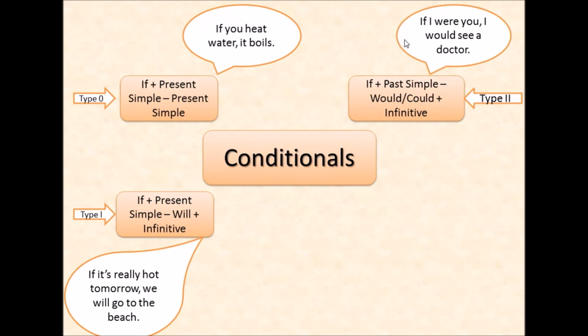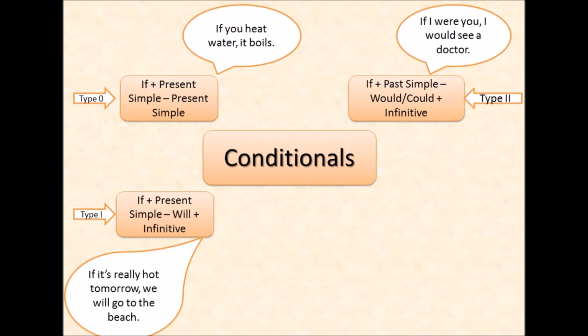Type 2, or the second conditional, is used to talk about an imaginary situation or give advice in the present or future. It is formed with if plus past simple, and the main clause is formed with would or could plus bare infinitive. If I were you, I would see a doctor.